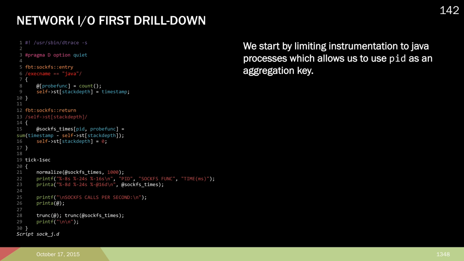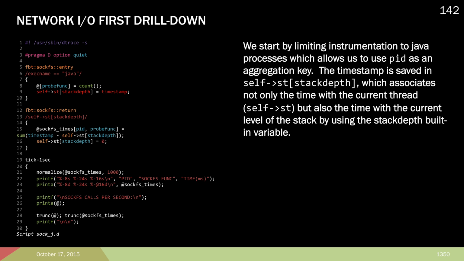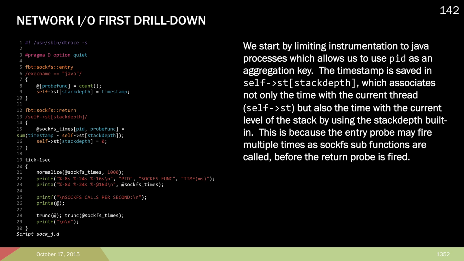We start by limiting instrumentation to Java processes, which allows us to use PID as an aggregation key. The timestamp is saved in self->st[stackdepth], which associates the time not only with the current thread, self->st, but also with the current level of the stack by using the stackdepth built-in variable.